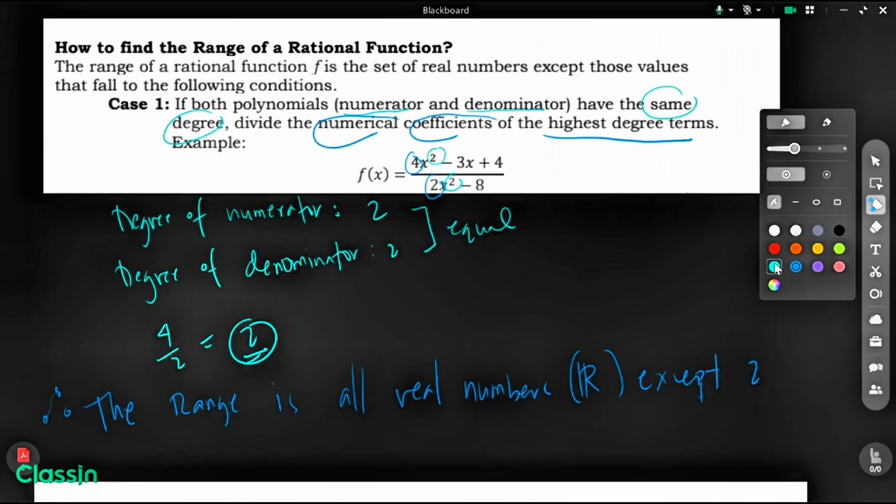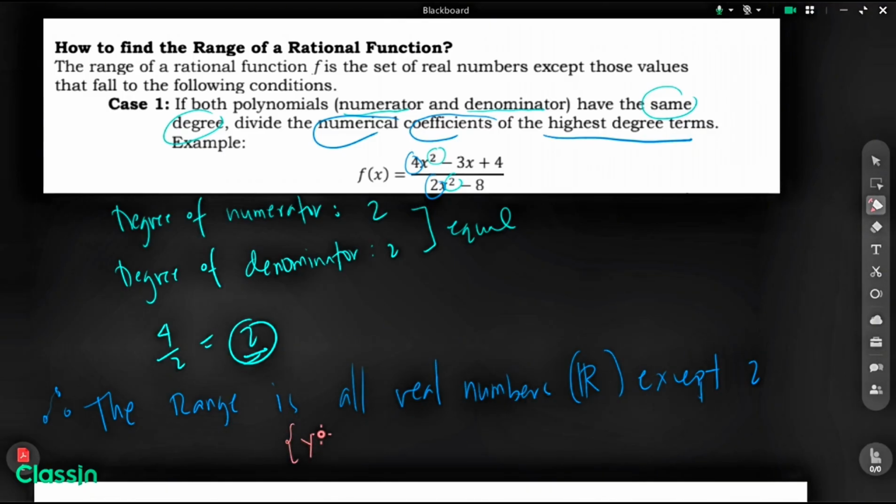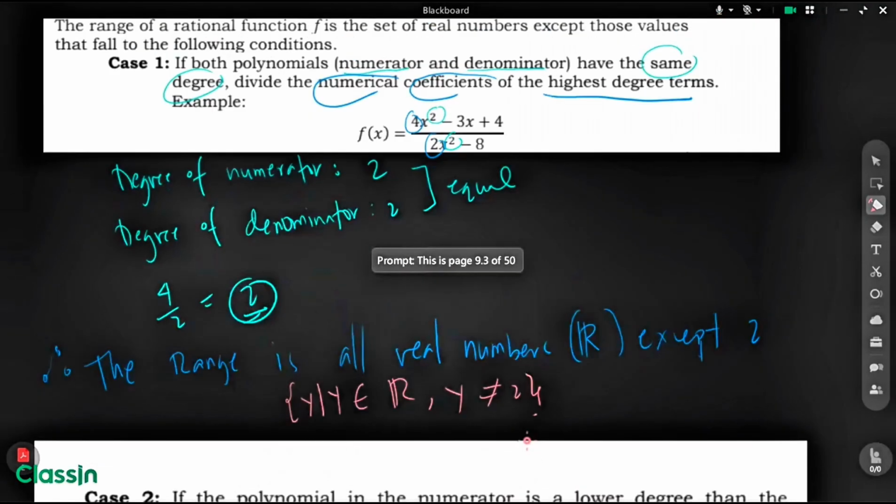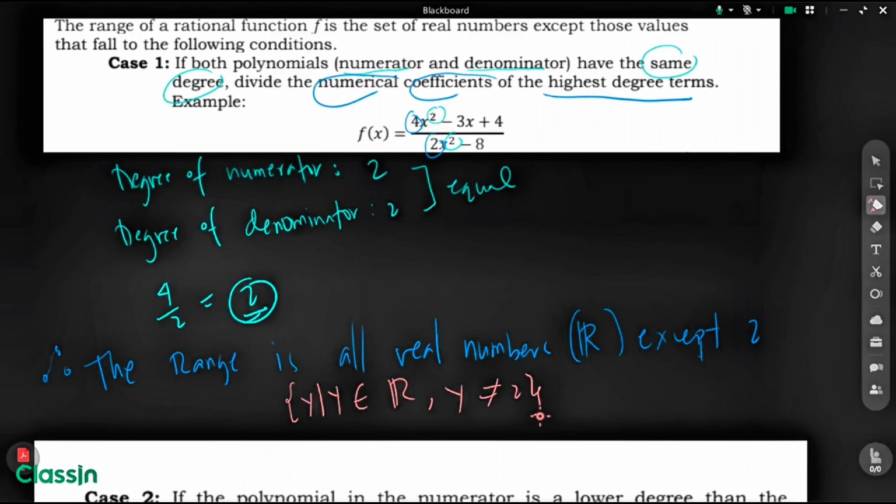In set notation, we can have the set of y such that y is an element of real numbers where y is not equal to 2.